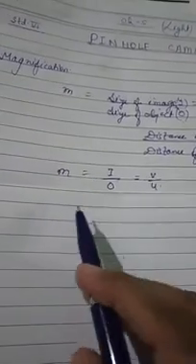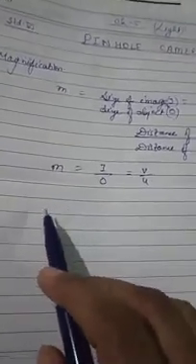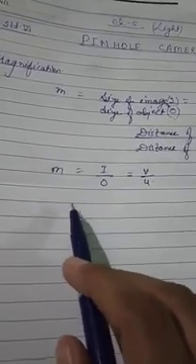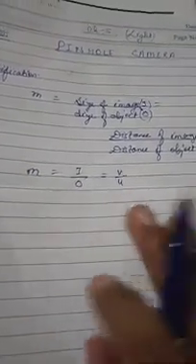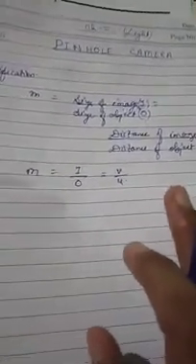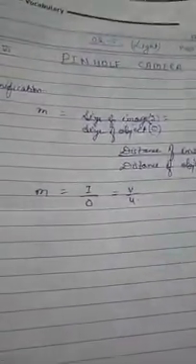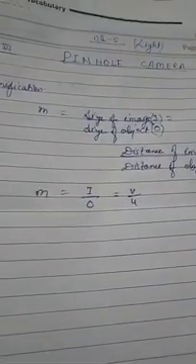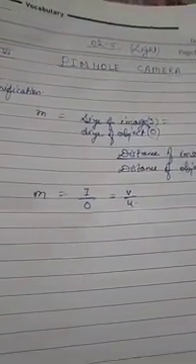So everything has some advantages and disadvantages also. So there are some disadvantages for the pinhole camera also. The image is obtained on a screen and no permanent record of the image can be maintained. Yes, the image is obtained on a screen, but we cannot keep the image for long. Okay, till the object is in front of the camera, you can see its image appearing on the screen.